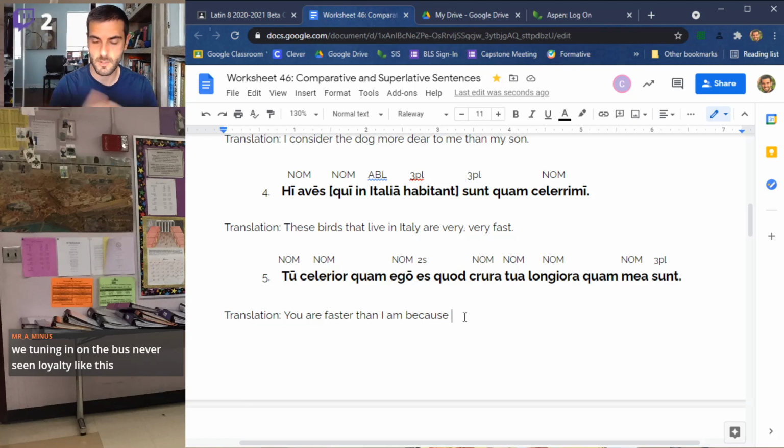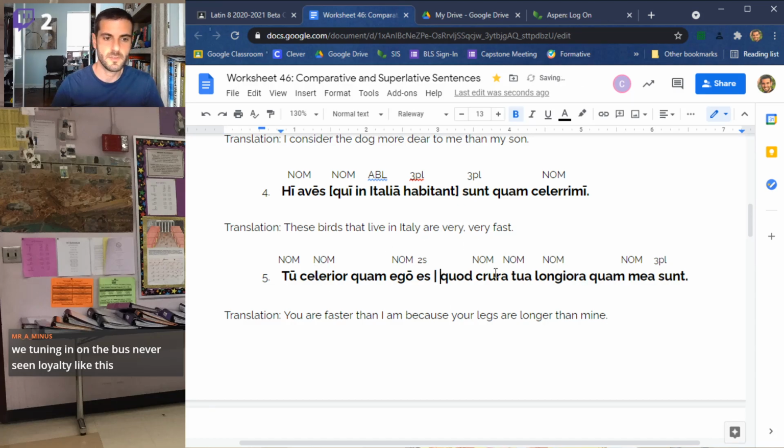We've left out a couple of those words, but you are faster than I am because your legs are longer, longiora, than my legs. Right? Or we could just say longer than mine. So kind of two-part sentence here. You've got the first part there, you are faster than I am. And then this conjunction here, quod, connects the second part. You're faster than I am because your legs are longer than mine.